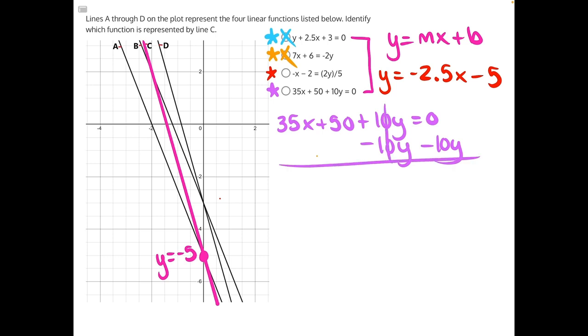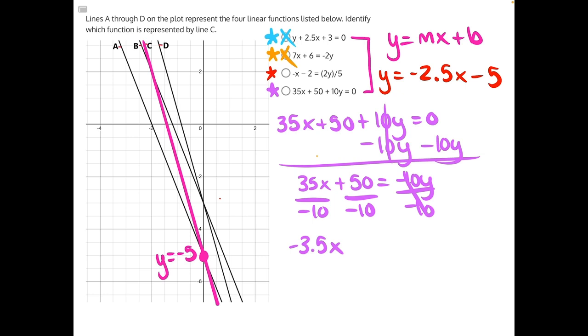These will cancel, giving us 35x plus 50 is equal to -10y. -10 is being multiplied to y, so the opposite operation is to divide everything by -10. These will cancel, leaving us with 35 divided by -10 is -3.5x, and 50 divided by -10 is -5. That is equal to y. Here we also have a matching b value for our line C.